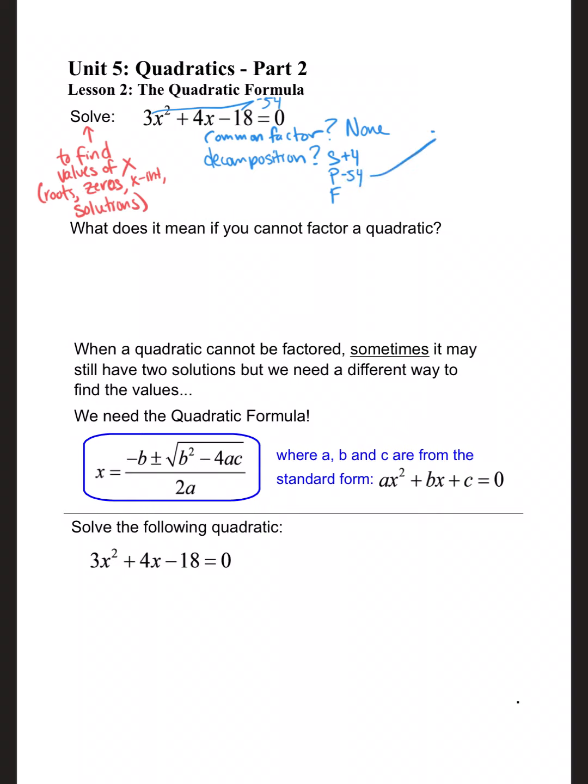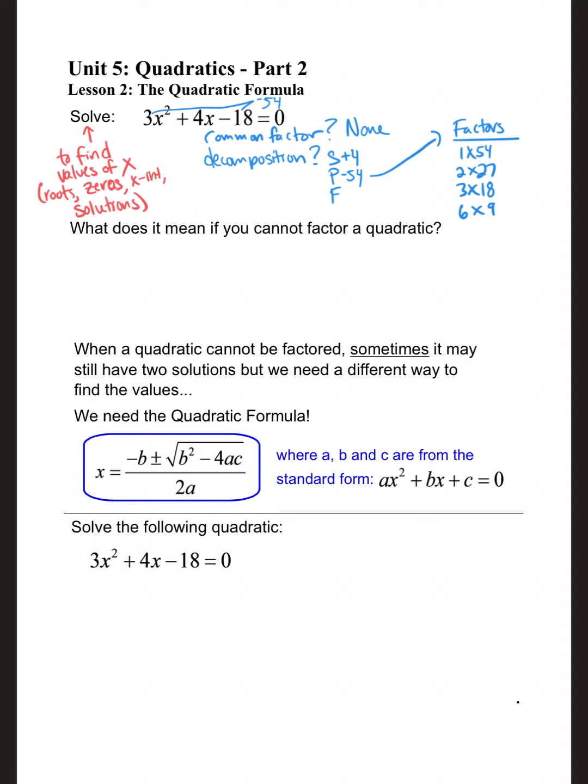So we'll take a look at our factor pairs of 54. We'll have 1 times 54, 2 times 27, 3 times 18, 4, 5, 6, 6 times 9, and that should be all of our factors.